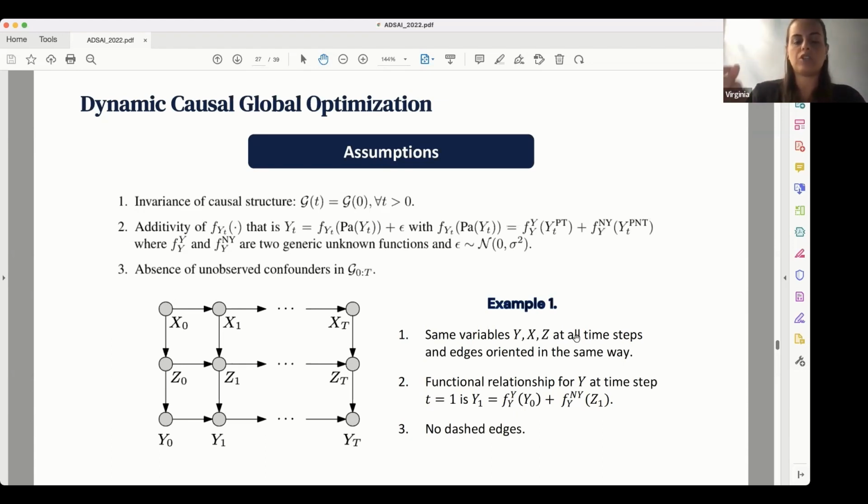So we might have different parents for Z1 and Z2 because of the time causal relationship. The functional relationship being additive means that, for example, Y1 is a function of Y0 and another term that is a function of Z1, that is the other parents, but these functions are non-linear. They are actually modeled with Gaussian processes. So this allows us to capture a lot of different causal effect configurations.